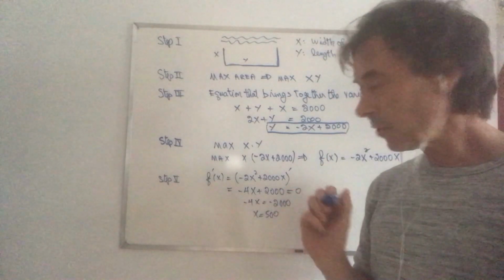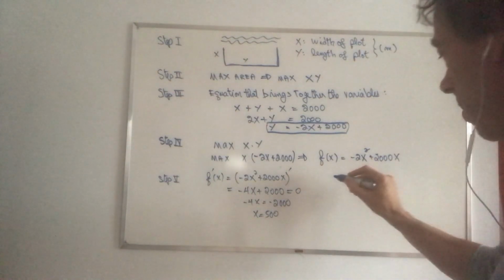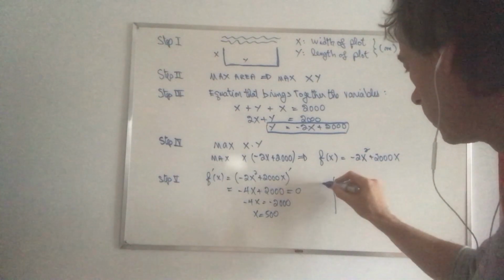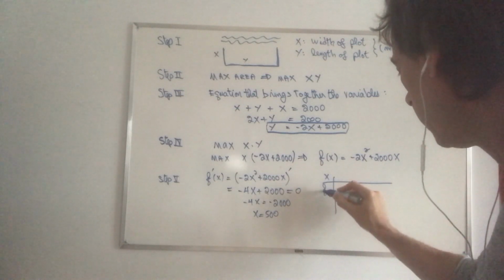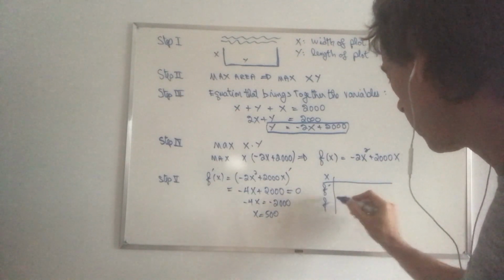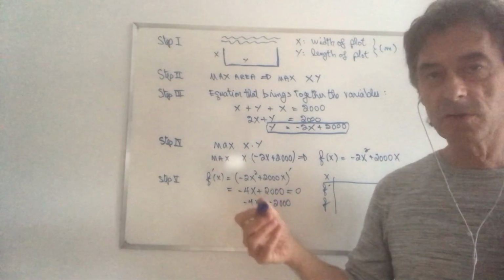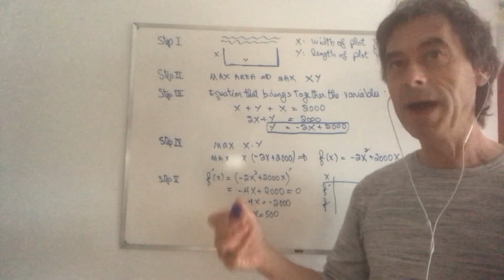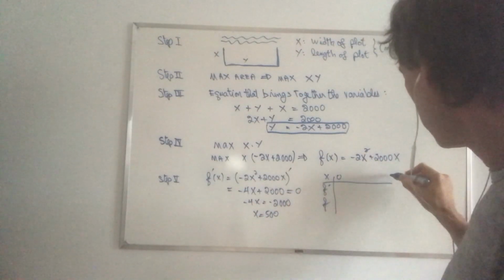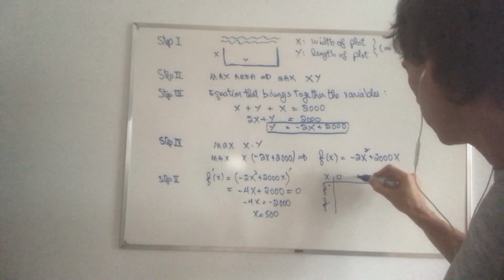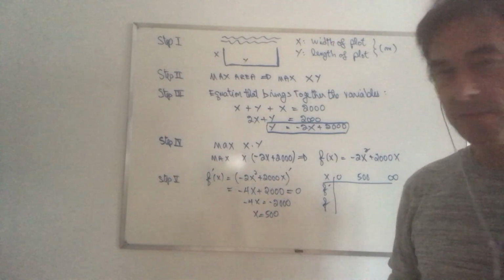Now, this is a critical number. I don't know yet if it's a local min or a local max. So I'm going to make a very quick little table, very simple, nothing fancy, just for the f prime and f. I'm not going to start this at minus infinity because this is a real life problem. You cannot have minus 100 meters of fence. So I'm going to start at 0, going to infinity, and put in my only critical number, 500.